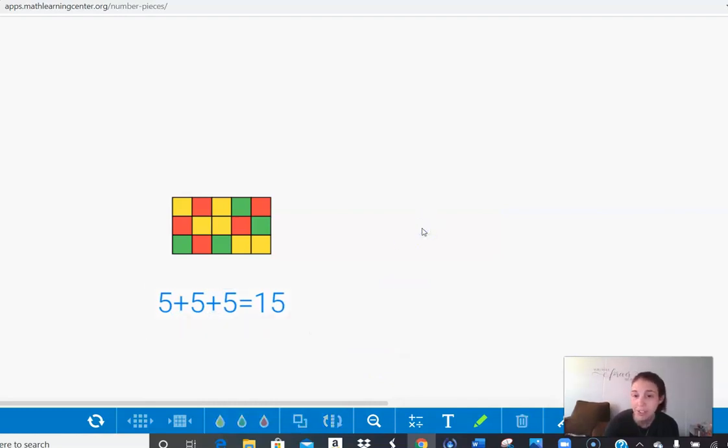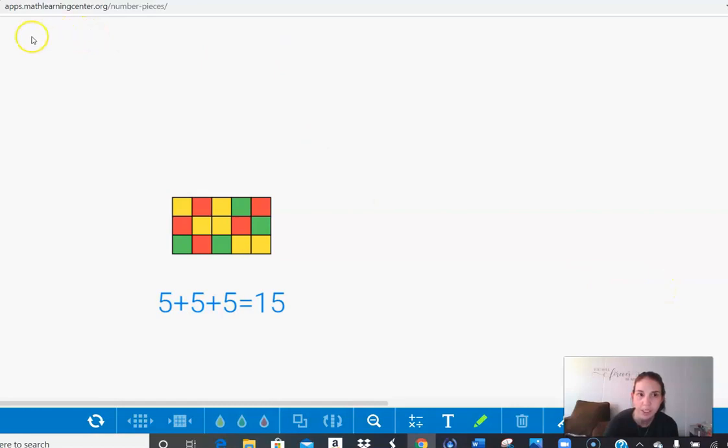Now what I would like you to do is using these 15 blocks, this time I want them to have 3 columns and 5 rows. So you're going to use these blocks and make it into 3 columns and 5 rows. Okay?